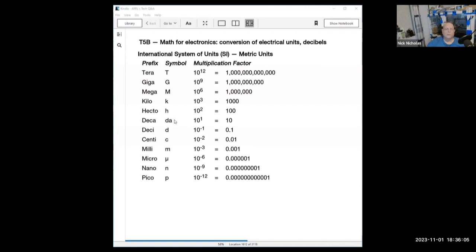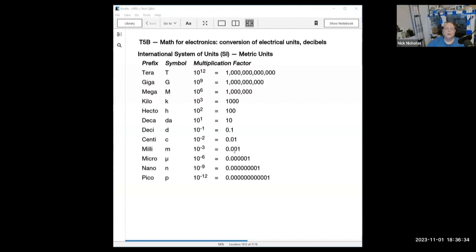So you're going to have to remember that a base unit times 10 is a deca, times 1,000 is a kilo, times a million is a mega, times a billion is a giga, and I don't know how many 10 to the 12 is by what word, but that's a tera.